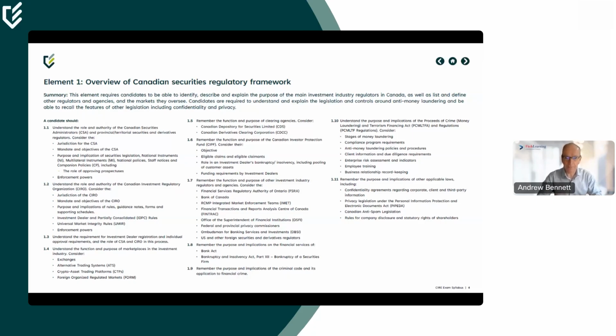Back to the syllabus. You'll be pleased to hear that I'm not going to look through every learning outcome on the syllabus. I'm just going to pick out a few key learning outcomes to illustrate some key points. We'll start with element 1. You can see that at the top there's a brief summary of the content. It begins, this element requires candidates to be able to identify, describe and explain the purpose of the main investment industry regulators in Canada.